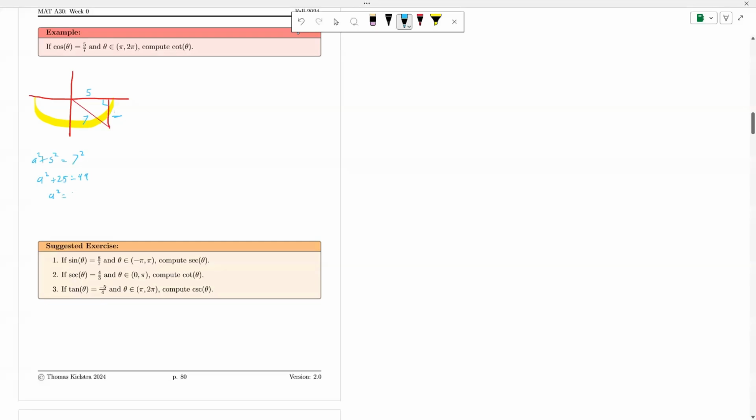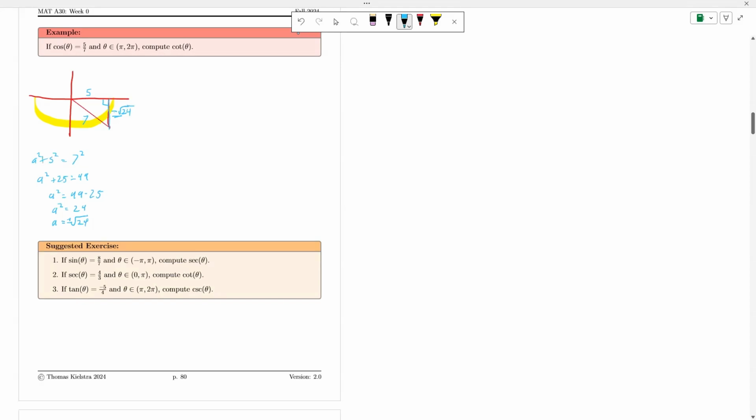A squared equals 49 minus 25. A squared equals 24. Taking the square root of both sides, we get a equals plus or minus root 24. Now, we don't know just from isolating whether it's going to be plus or minus. Here, because we're going down, that root 24 is going to be minus root 24.